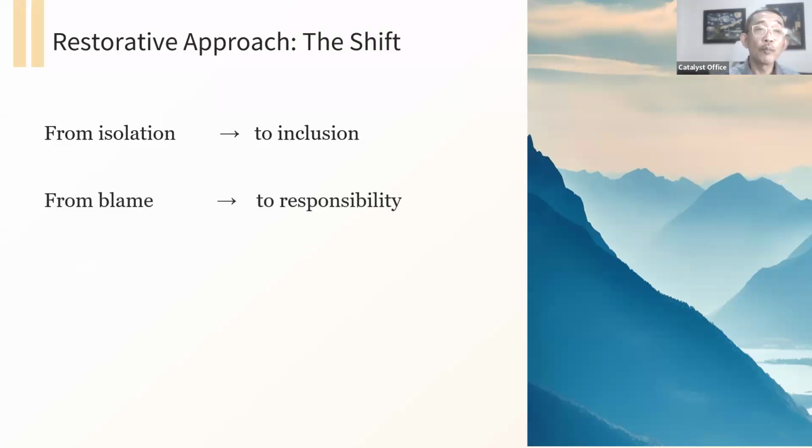Now, also part of the restorative approach is that from blaming the student for the offense, you shift to allowing the student to take responsibility for his action and further enabling the student to have an opportunity to correct it by giving the student the chance to submit.